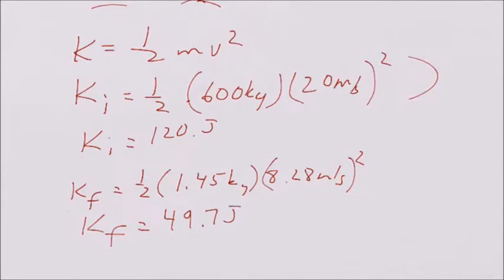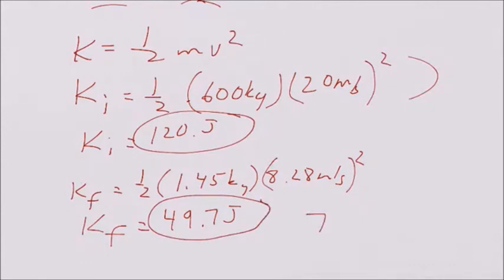Well, this problem asks us how much was lost to heat or sound. So let's just take the 120 that we started with and subtract from it the 49.7 joules that we ended up with to give us a total amount of lost energy. 70.3 joules of kinetic energy was converted to either heat or sound or some other form of energy.